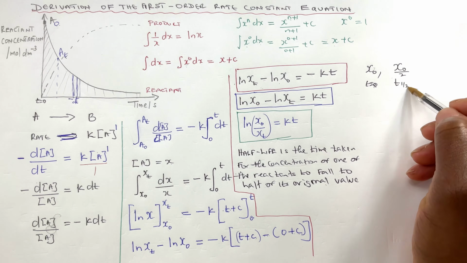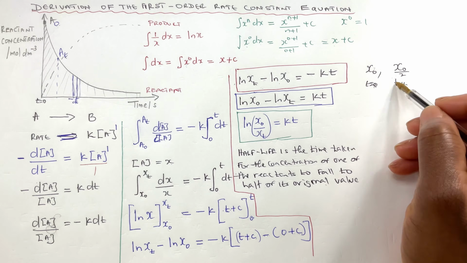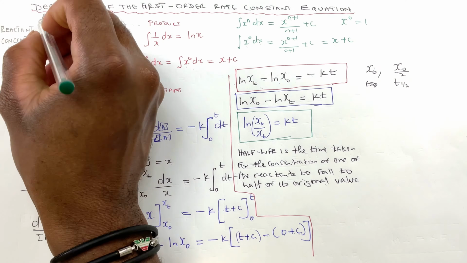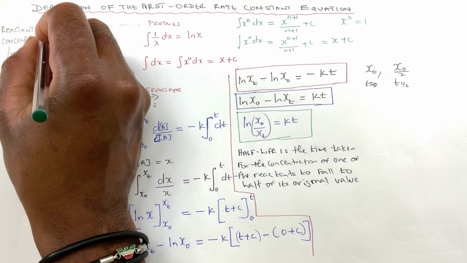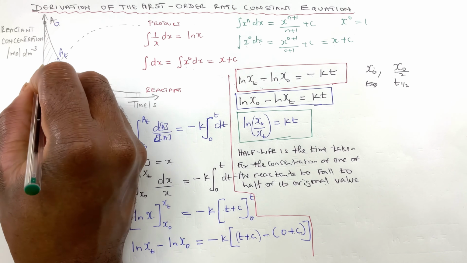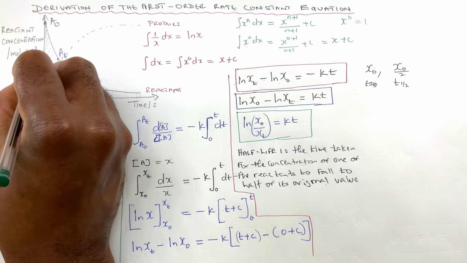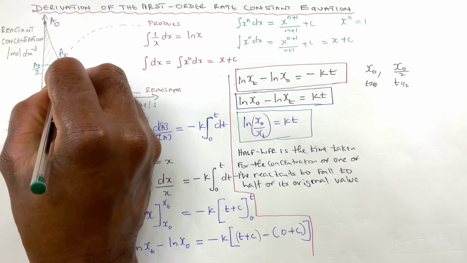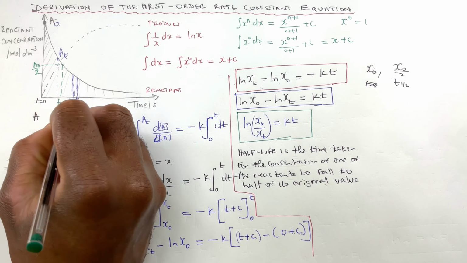And at the time t, we got half of the original value. So this is called half-life. And that can be demonstrated from this graph here. The half-life will be when A equals half of A. So that will be A naught over 2, and that will be the half-life, T half there.